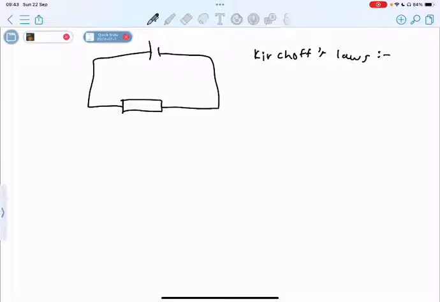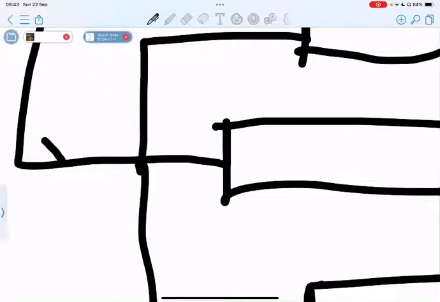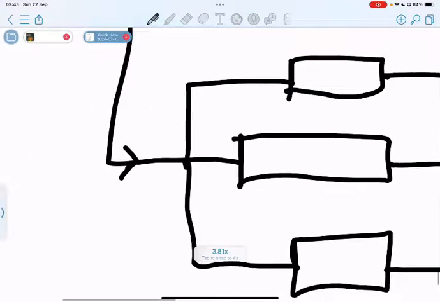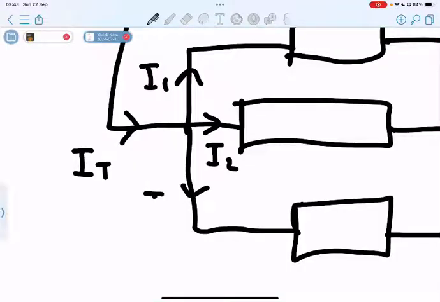The first Kirchhoff's law states that the current flowing into a junction is equal to the current flowing outside the junction. What do we mean by this? Say this was an extended version, with 3 resistors instead of 1. Over here, the total current, I total, will be equal to I1 plus I2 plus I3.